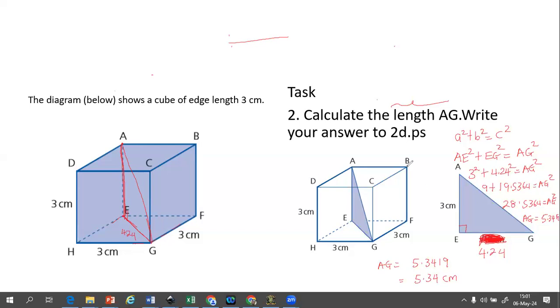Yes, but when you round off before, you may get an error. So I don't know where people who are getting 5.19 got it. What did you use? Did you use root of 18?